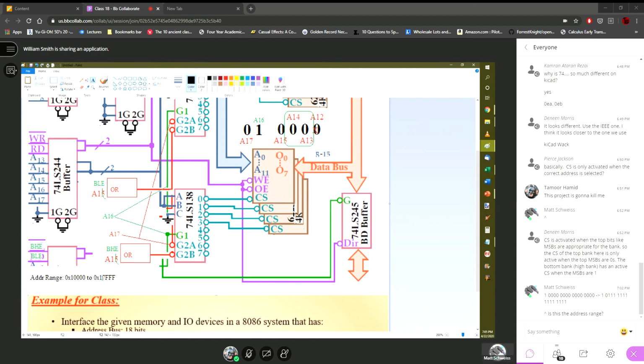If that's the case, then A15 will be a 1. Both of these will be forced to 1, and G2B won't be working on either of these. So it's particular how we set these OR gates up, because there's potentially a combination of OR gates here that wouldn't work.